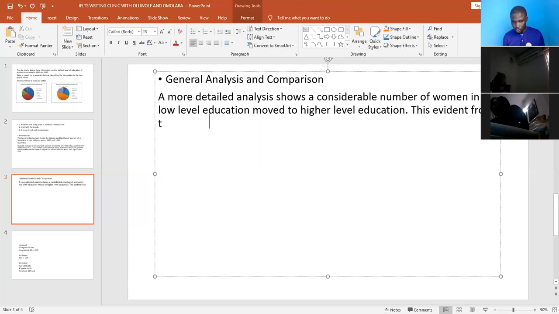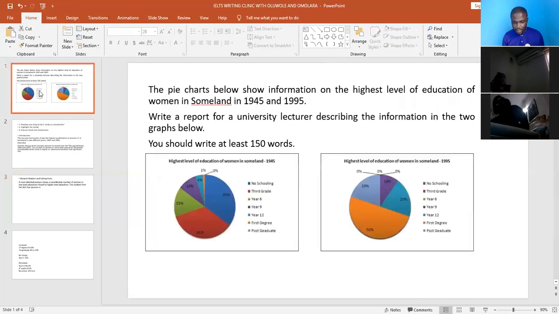from the fact that, okay, women in, then you start giving the figure. So women in third grade education were 35%. I'm talking about those who decreased now. Okay, sorry, which slide am I going into now?